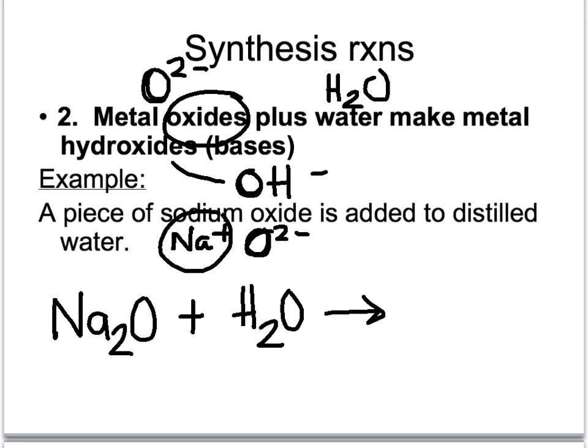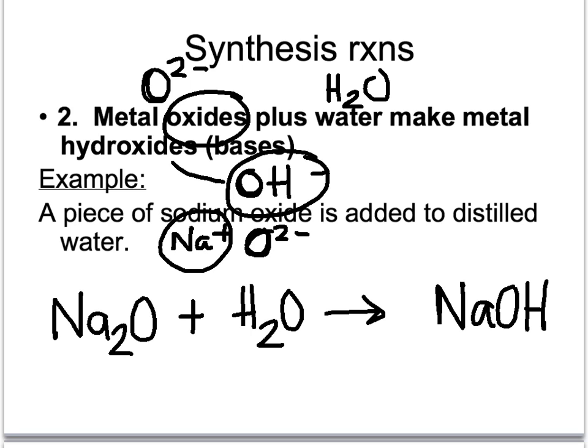Well, we've got Na plus OH minus, so when you crisscross that, you get NaOH. Now, we've got 2 sodiums on the left. On the right, we only have 1, so we're going to need a coefficient of 2. So then we have 2 oxygens, 2 oxygens, 2 hydrogens, and 2 hydrogens, so it's balanced.